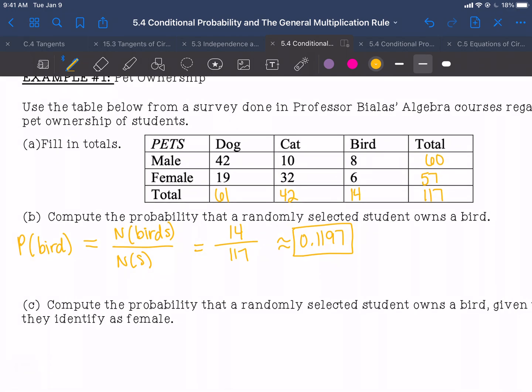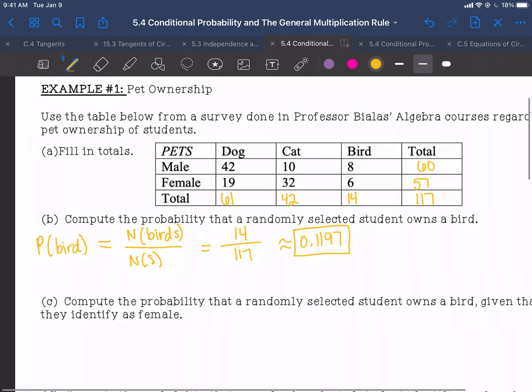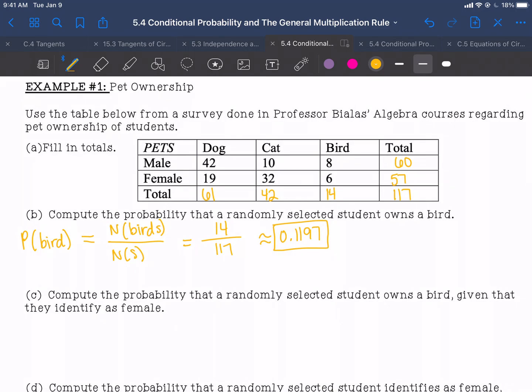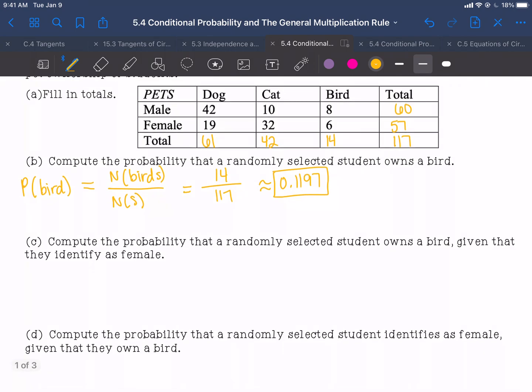Part C here, compute the probability that a randomly selected student owns a bird given that they identify as a female. So now we are finding the probability that a student owns a bird given that they are a female. Okay, so for this one, I'm going to use the formula just to practice that, but then when you have a table, you don't necessarily have to use the formula, and I'll show you how that would work out.